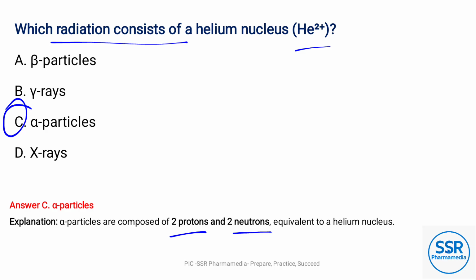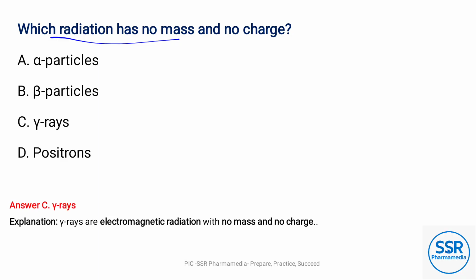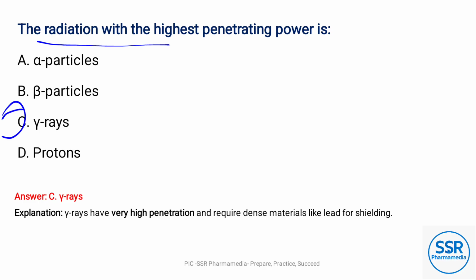Which radiation has no mass and no charge? Option C, gamma rays, a type of electromagnetic radiation with no mass and no charge. The radiation with the highest penetrating power is option C, gamma rays, which have the highest penetrating power but the lowest ionizing power.